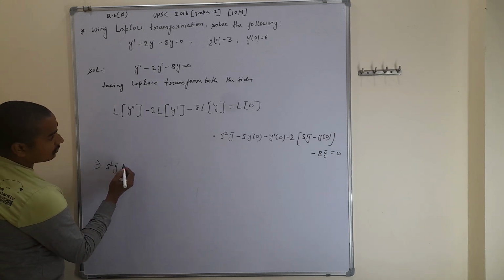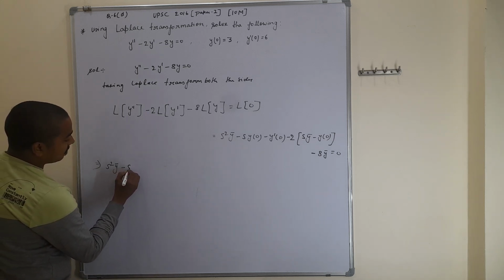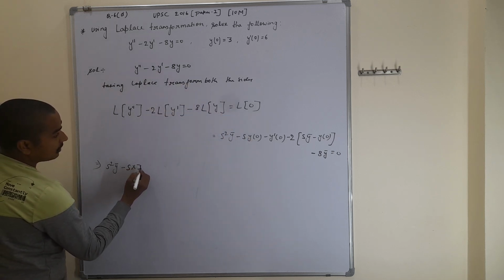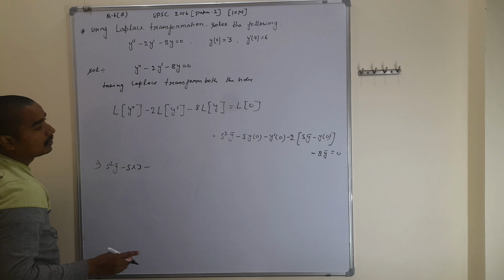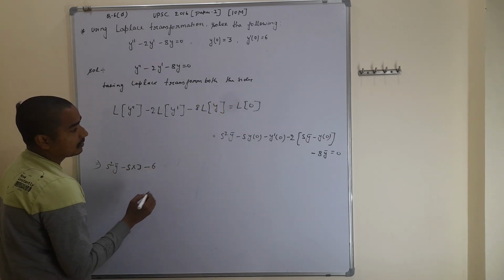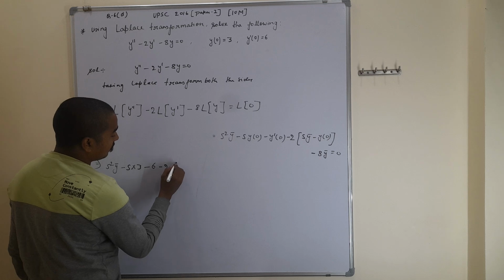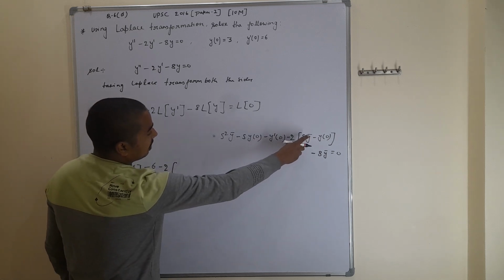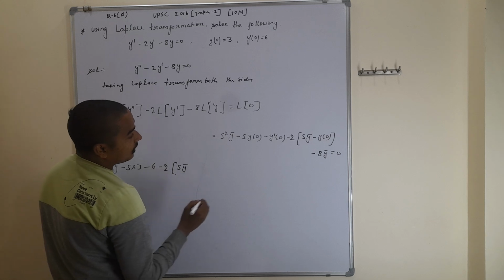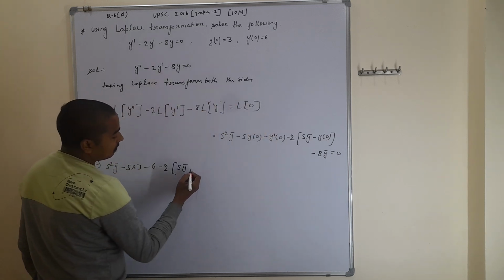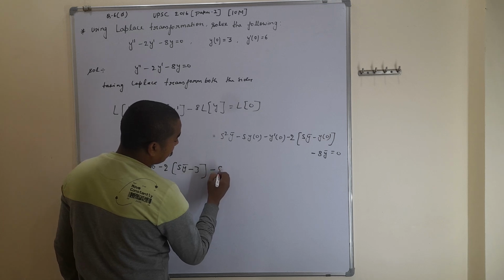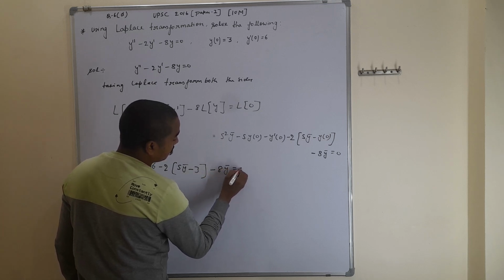So s square y bar minus s into 3, minus 6, minus 2 times s y bar minus 3, minus 8 y bar is equal to 0.